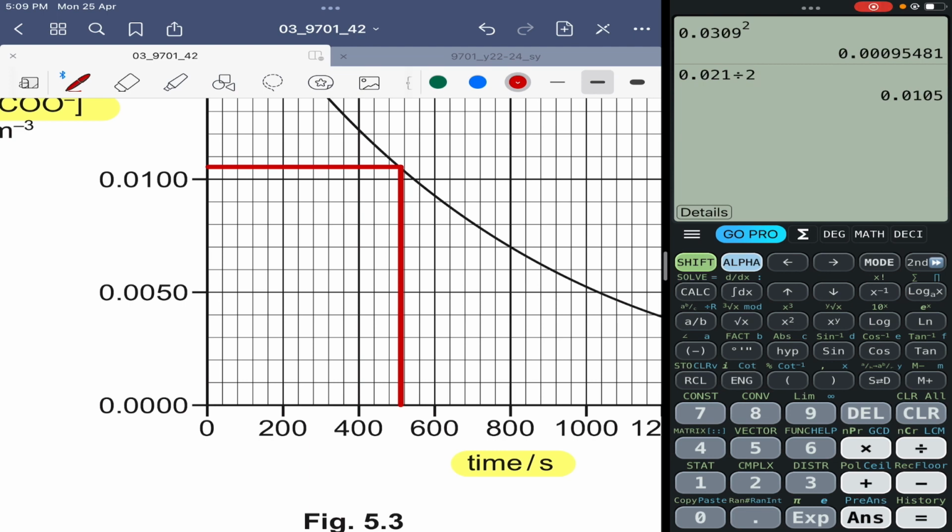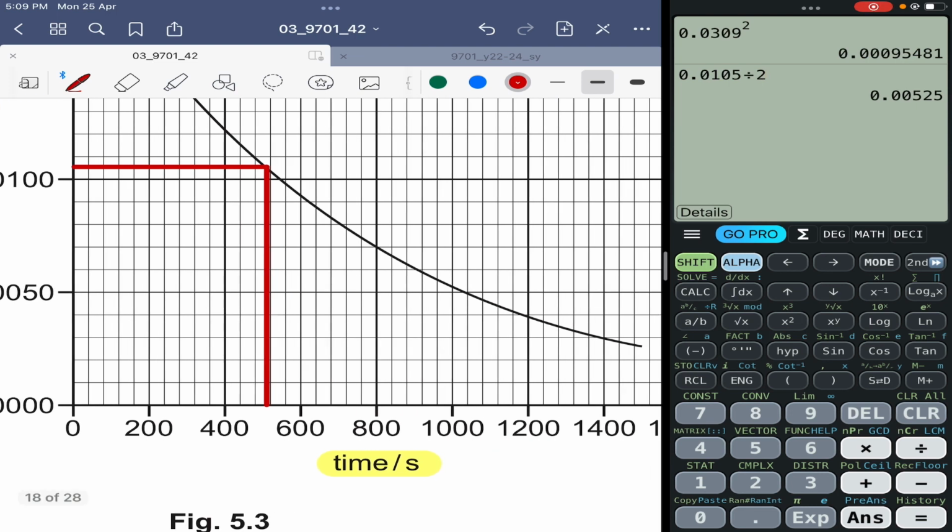And now the second half-life. 0.0105 divided by 2, so that would be 0.005. So this is 1020.